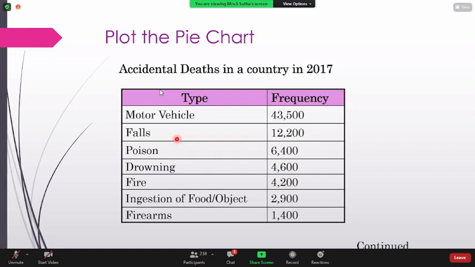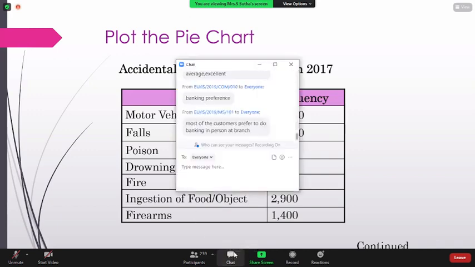What is the variable we considered here? You can unmute your mic or put it in the chat box. What is the variable we considered?